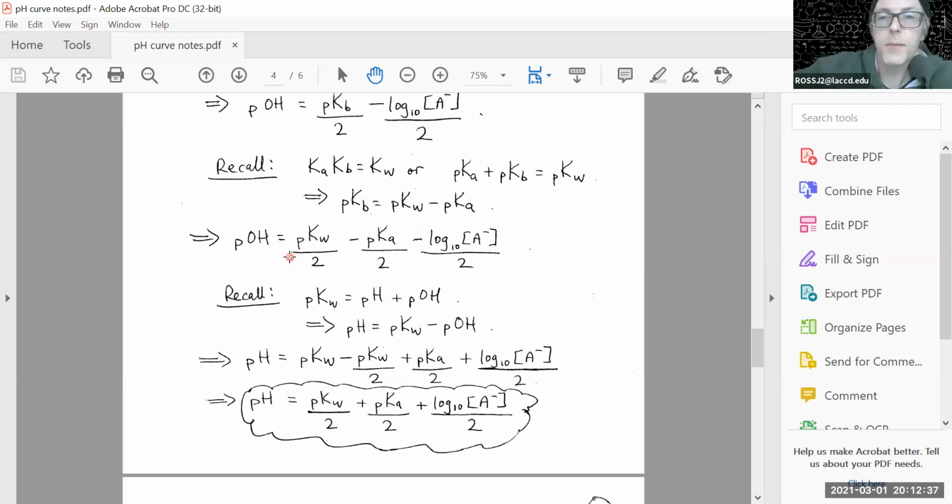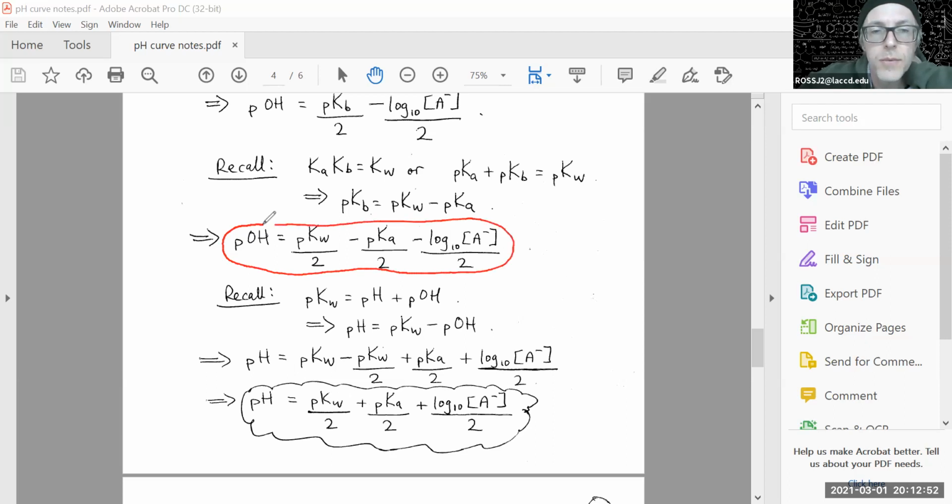It might be a time to actually write on this because we're getting a lot of stuff. Okay, so I want pH, and I know that I've got all of this expression for pOH. So I'm essentially going to sub this in here, and then I can solve for pH.